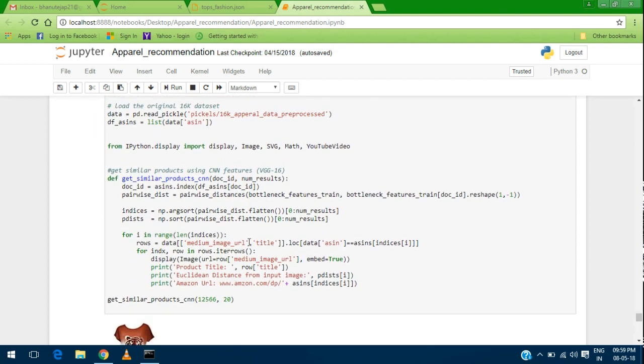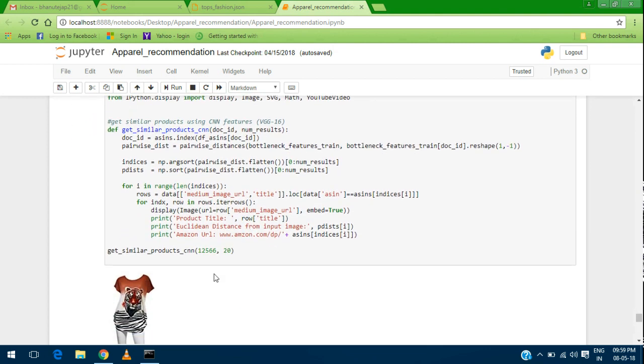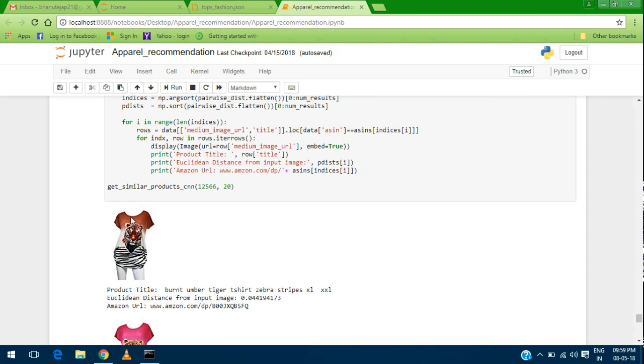Here we are not using any title or anything else, only the query image, and the Euclidean distances are found between the vectors of the query and the other images in the database, and the products with images whose Euclidean distance is very small are recommended first.